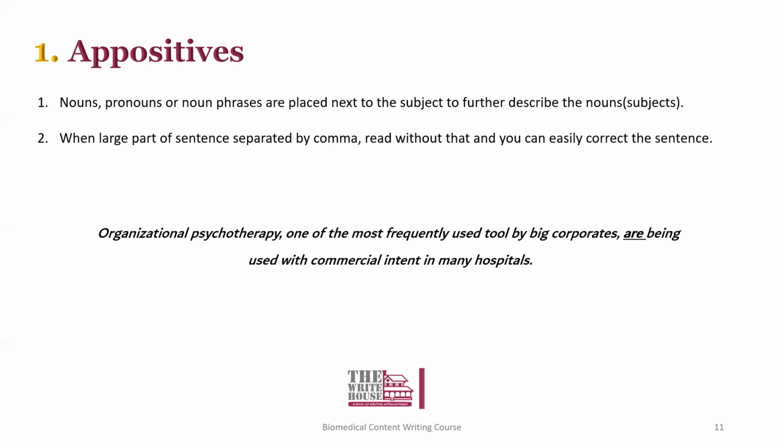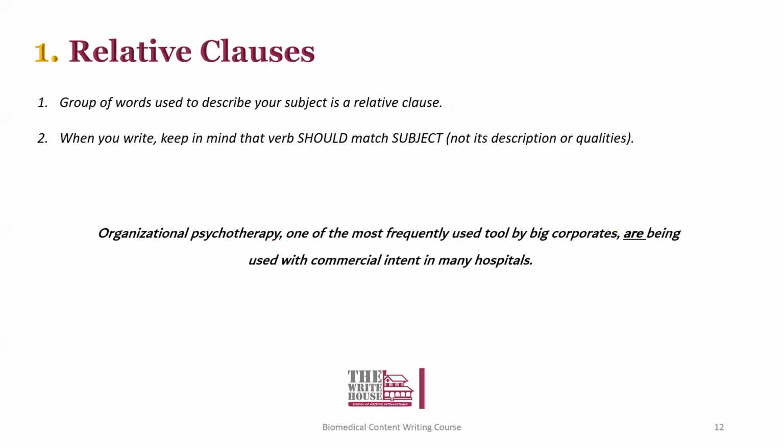So the word are being is actually wrong, because we are talking about the organizational psychotherapy, which is a singular. So are must be singular here. And what is a singular form of are? That is: organizational psychotherapy, one of the most frequently used tool by big corporates, is being used with commercial intent in many hospitals.